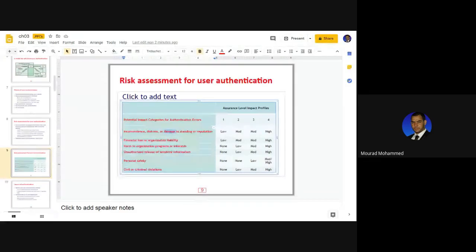It is a context of understanding, no more, no less. So here is a matrix that matches the impact of an assurance level based on reading or understanding a statement.